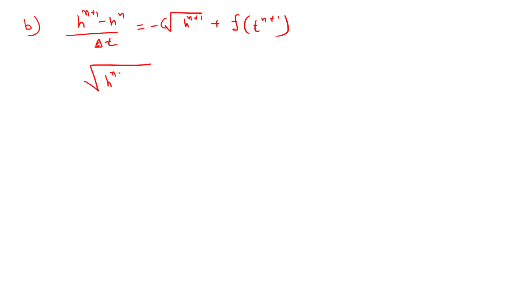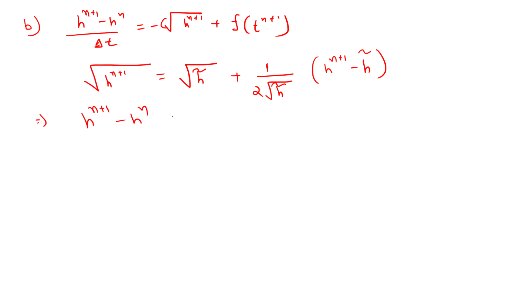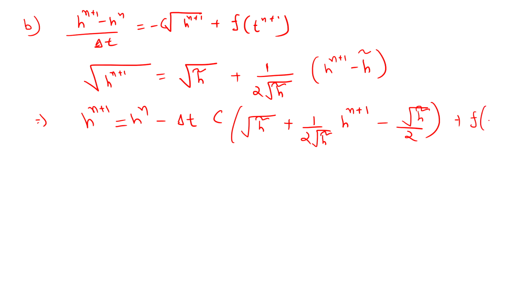So I have (h^(n+1) minus h^n) divided by delta t is minus c root h^(n+1) plus f of t^(n+1). Write h^(n+1) root as root of h tilde plus 1 upon 2 root h tilde times (h^(n+1) minus h tilde), where h tilde is my h naught. This will make my equation h^(n+1) minus h^n equal to minus delta t c times [root of h tilde plus 1 upon 2 root h tilde (h^(n+1) minus h tilde)] plus delta t f of t^(n+1).